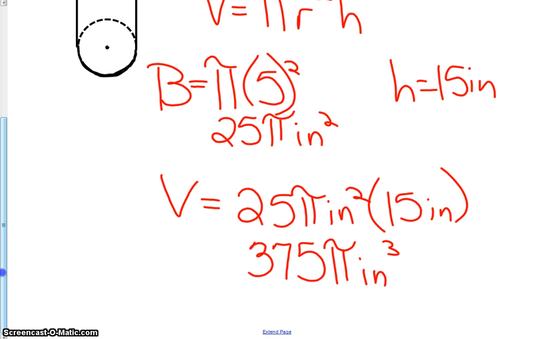Now, if you decide to round it to the nearest tenth, we're going to get the following answer, which is 1,178.1 cubic inches. Now remember, that is an approximate answer because it has been rounded to the nearest tenth.